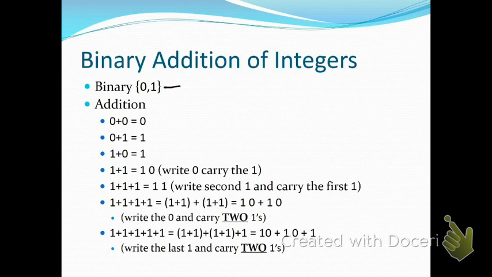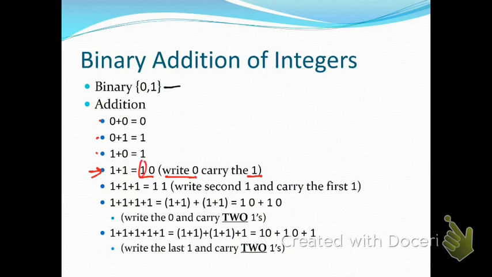When I'm adding binary numbers, 0 plus 0 gives me 0, 0 plus 1 is 1, and 1 plus 0 is 1. Here's where things are a little different. If I have 1 plus 1, we write that as 1, 0. So what are we actually going to write down? We write down a 0 and carry the 1, which is in front, to the next column.